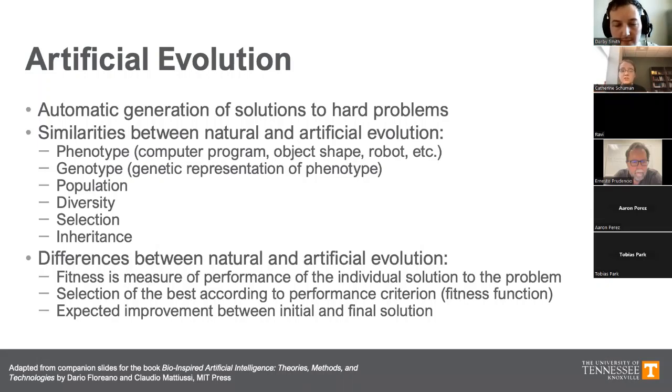So selection in artificial evolution is determined according to the performance criterion, which is that fitness function. In natural evolution, it's hard to quantify what the fitness function actually is. It's much more complicated than what we're doing in artificial evolution. We also expect to see improvement from our initial population individuals to the final solution in artificial evolution.